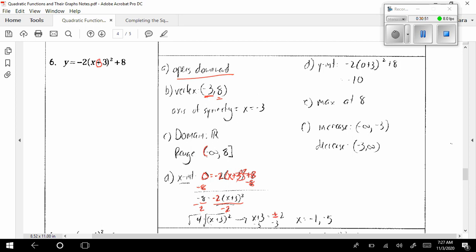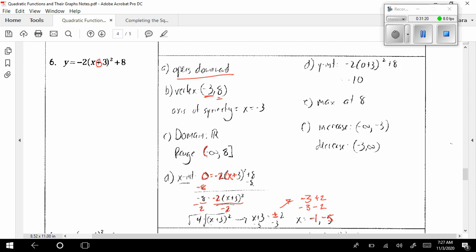Keep in mind, because we're taking the square root, we're going to have plus or minus 2. So when we do this, we need to do -3 when we subtract that 3 over plus 2, and -3 minus 2, and get our two answers, -1 and -5. You could absolutely FOIL that if you would like to, and use quadratic formula or factoring or something like that.